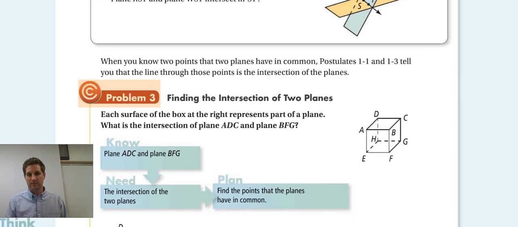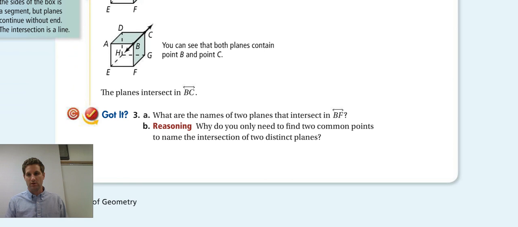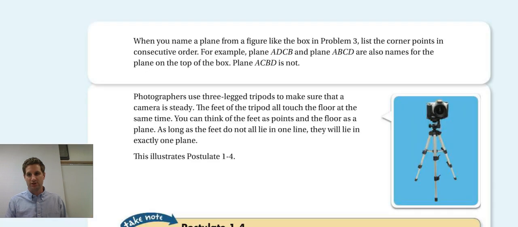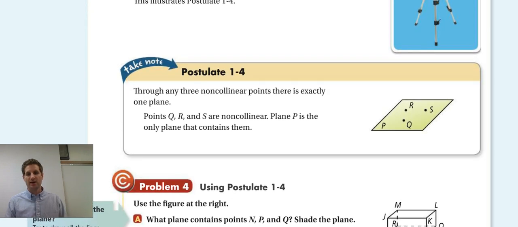And I believe there is one more. If not, I think maybe we finished it. And yeah, here's our last one. Okay, and this one I alluded to earlier. This is through any 3 non-collinear points, which means 3 points that could not make a line, there is a plane.